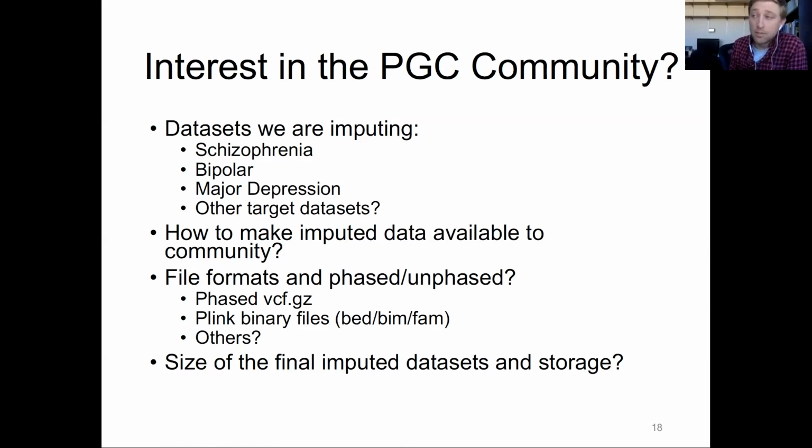Certainly open to any input, any suggestions from the larger community here. And so slide 18 just lists some of those questions that we'd like to get feedback from all of you on.